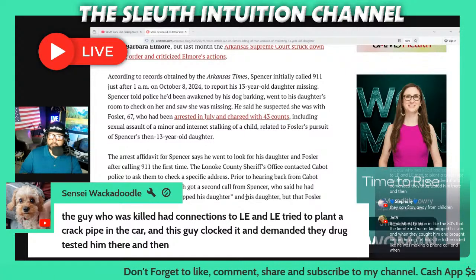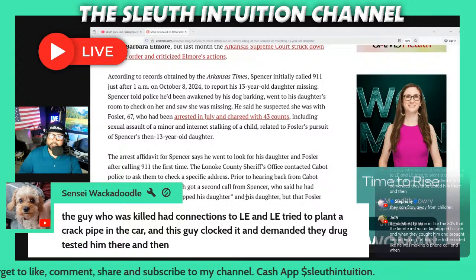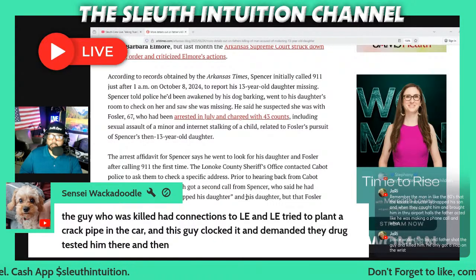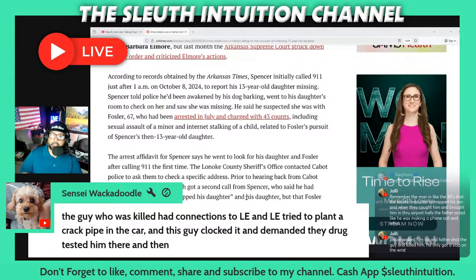All right, let's read this part here. According to records obtained by the Arkansas Times, Spencer initially called 911 just after 1 a.m. on October 8, 2024, to report his 13-year-old daughter missing. Spencer told police that he'd been awakened by his dog barking, went to his daughter's room to check on her and saw that she was missing.